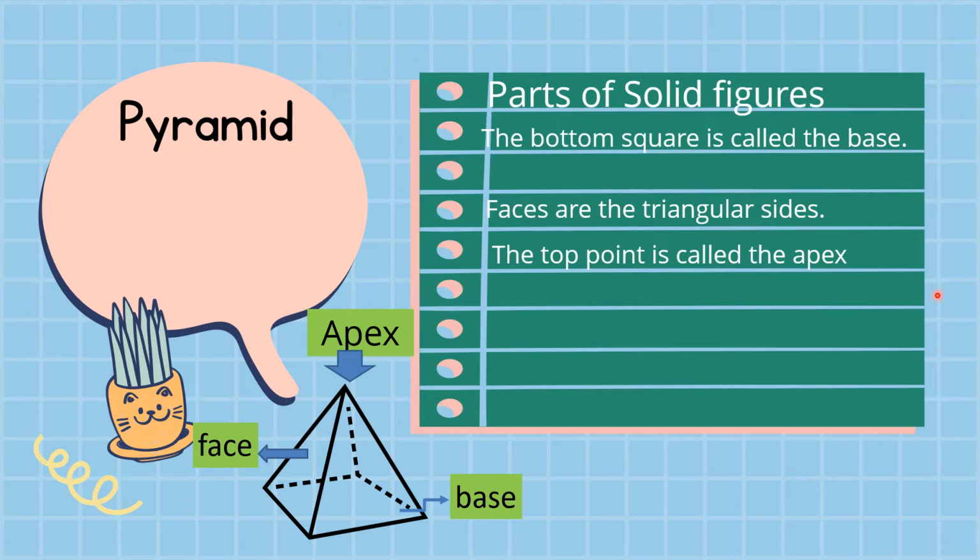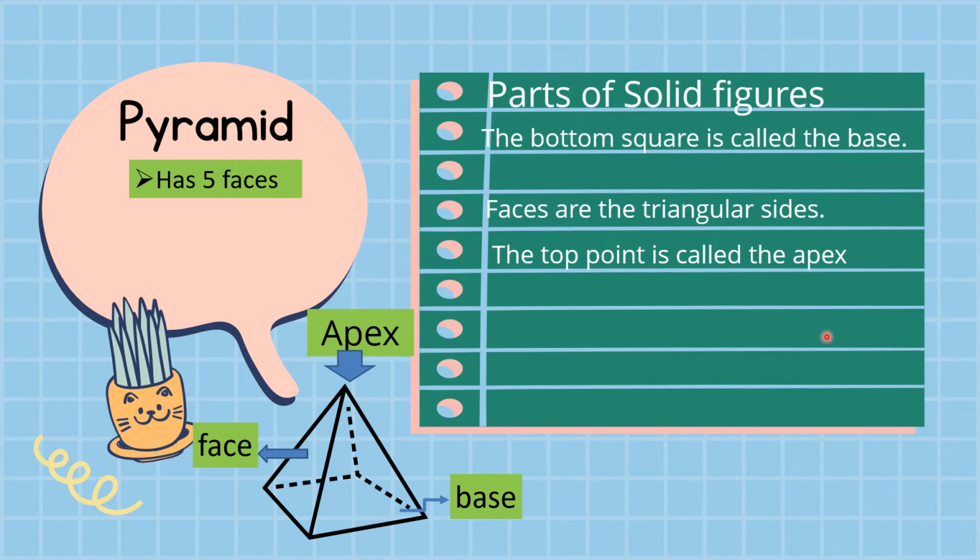The square pyramid has 5 faces: 1 at the back, 2, 3, 4, so 4 triangular faces, and 1 is the base, which is also called a face.